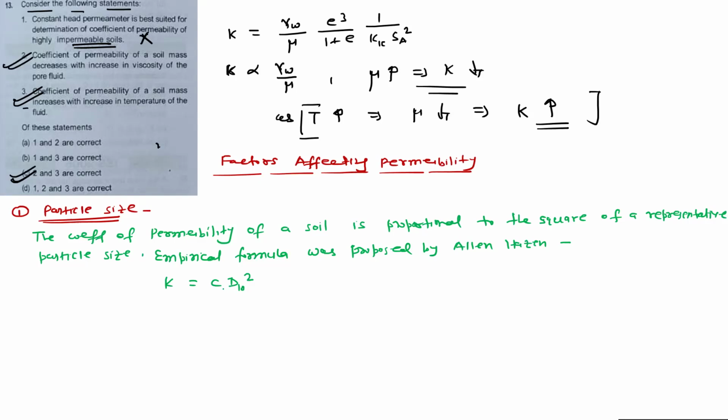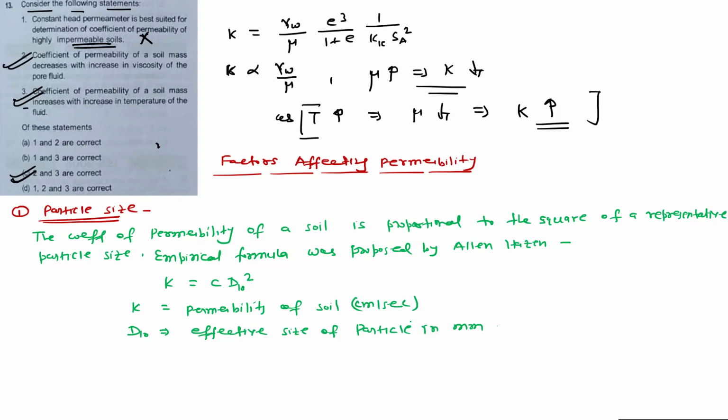Here K is the permeability of soil in centimeter per second, and d10 is the effective size of particle in mm.